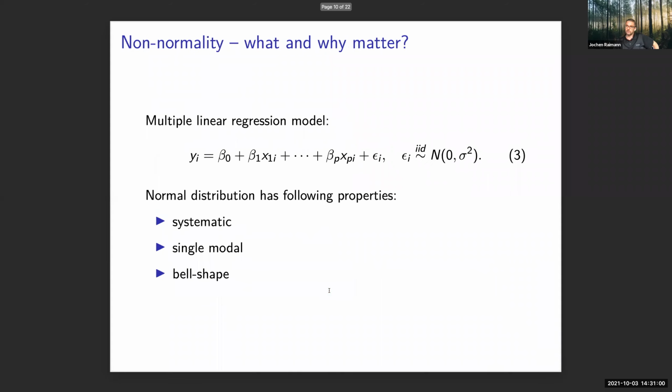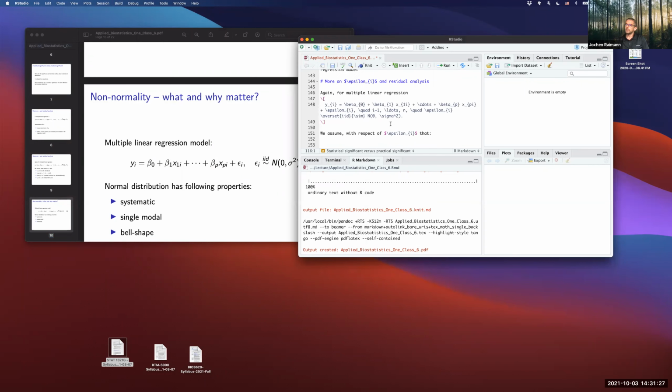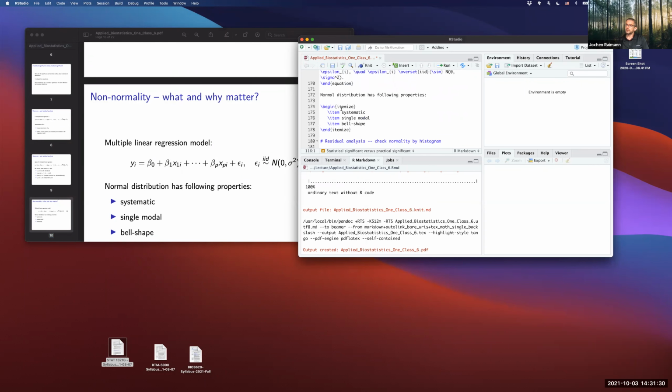So we know that the normal distribution has the following properties. It has to be unimodal, it has to be symmetric, and it has to be bell-shaped.